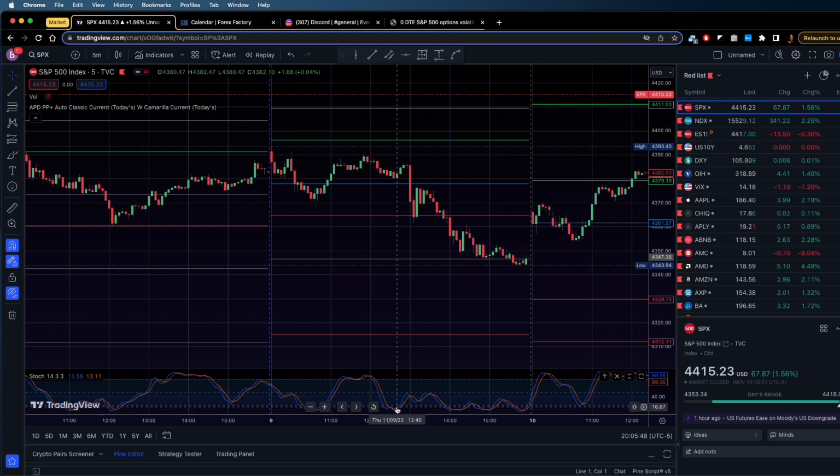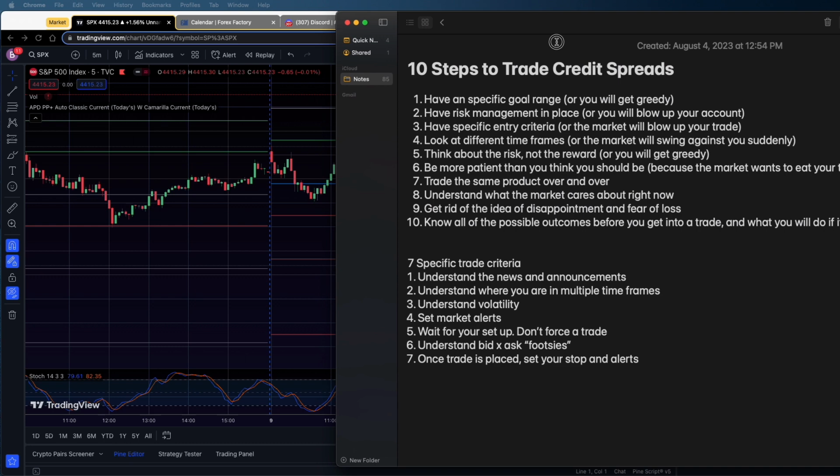So I can take a look and see, is this approaching a setup that I like? You could set up those alerts for yourself as well, so they can text message you, they can email you, so you don't have to look at the market and be looking at the screen all day. But you want to do things that help you be patient so that you're not rushing into trades. That's one of my Achilles heels, is rushing into trades and trading too early.